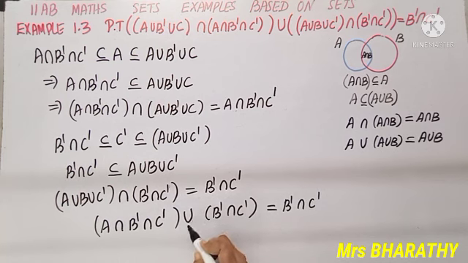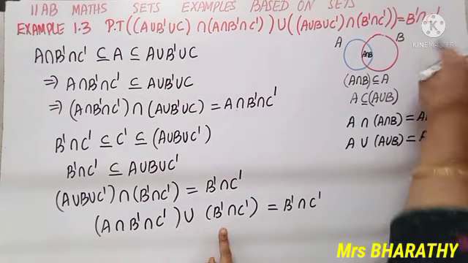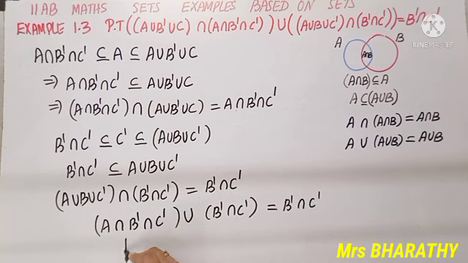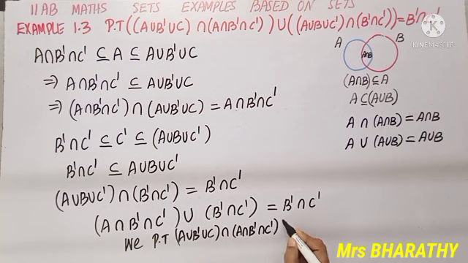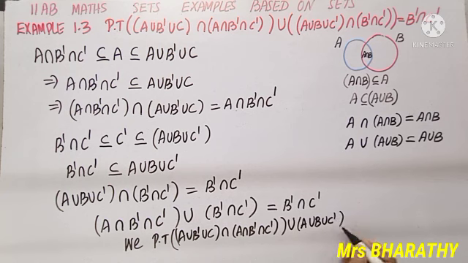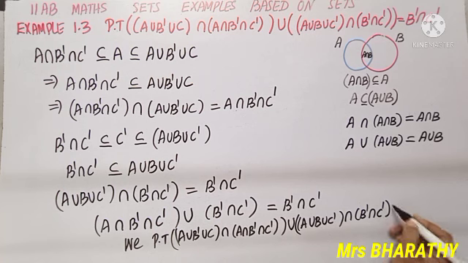So here I have union out of the two. This is contained in this. So this is my answer and that is the RHS. So we have proved that A union B dash union C intersection A intersection B dash intersection C dash union A union B union C dash intersection B dash intersection C dash is equal to B dash intersection C dash.